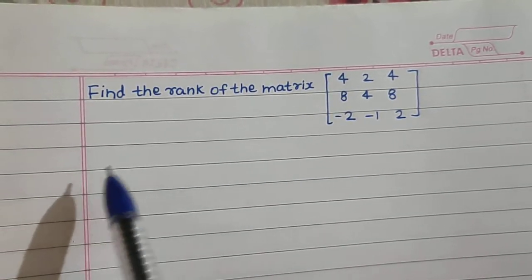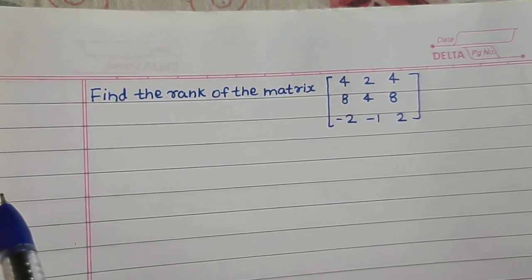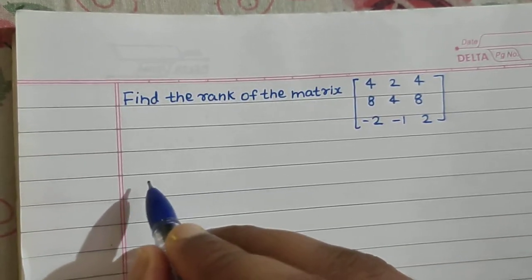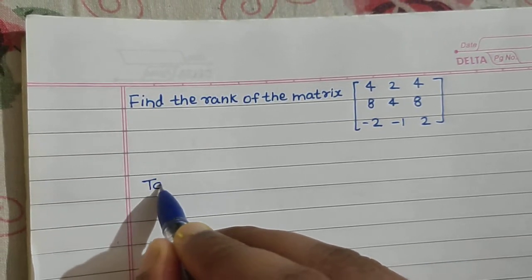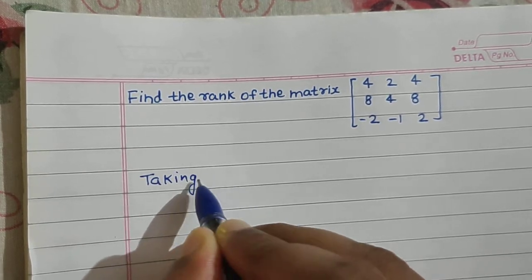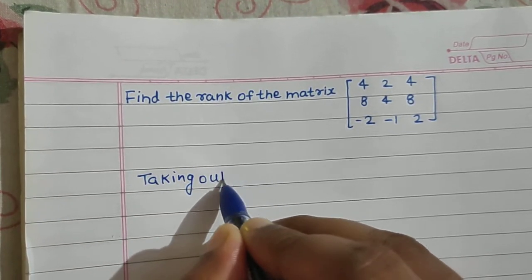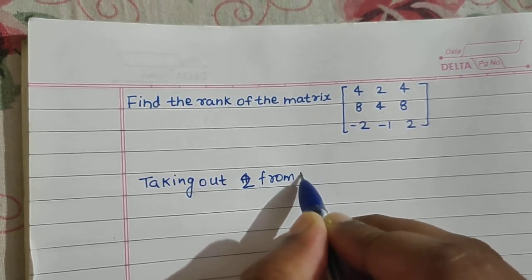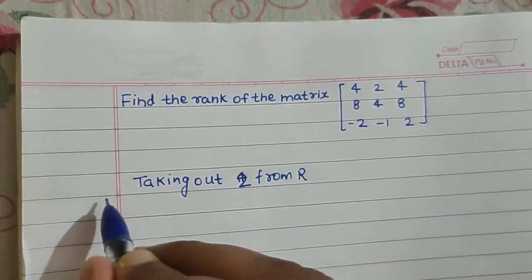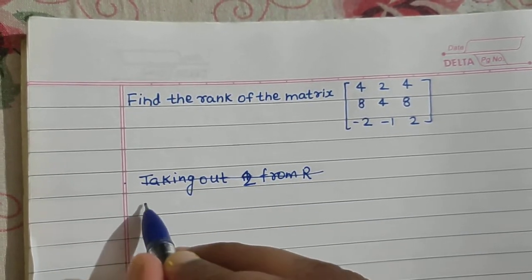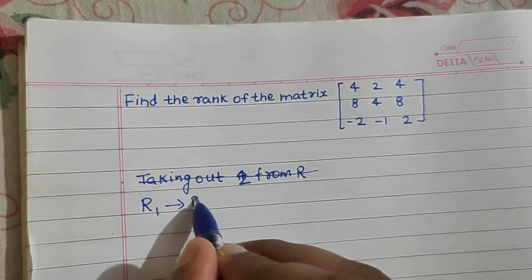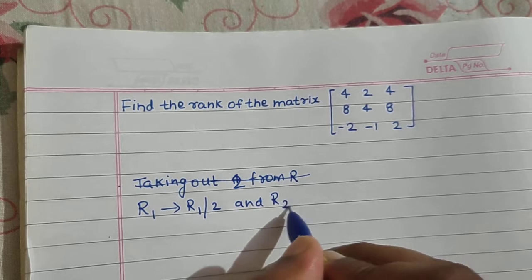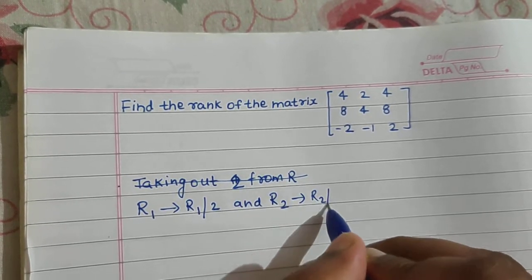But before applying any transformations, I can take out 2 from the first row, 4 from the second row. Now my solution is starting. Taking out 2 from R1, or we can write this another way, R1 to R1 divided by 2, and R2 to R2 divided by 4.